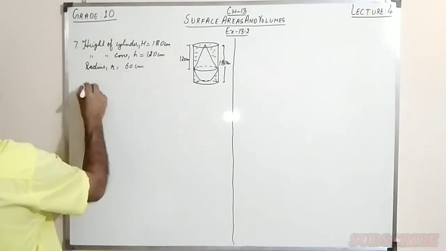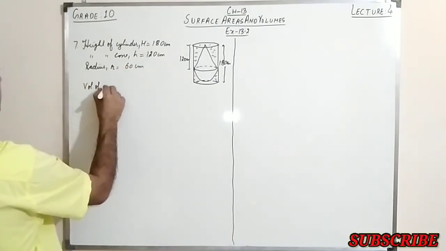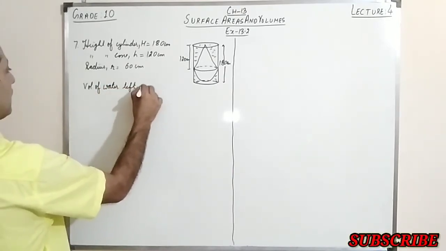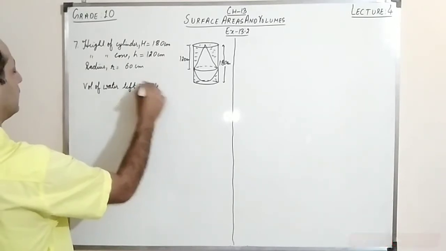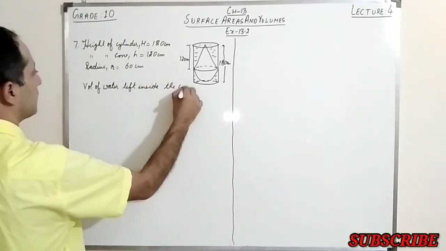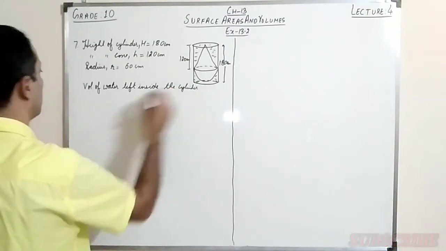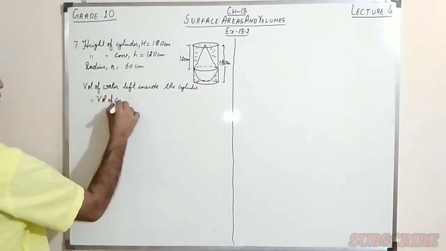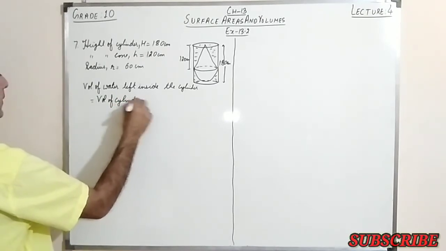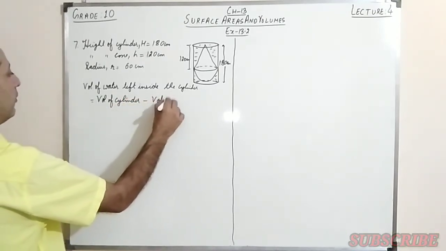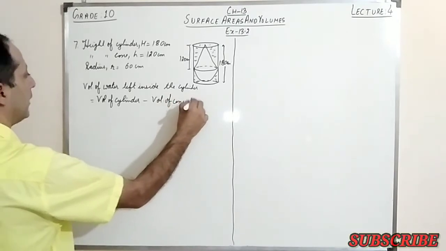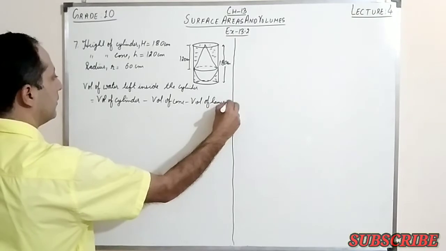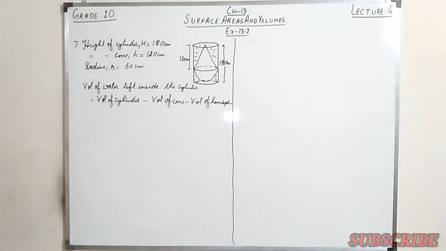Now the volume of water left inside the cylinder is equal to volume of cylinder minus volume of cone minus volume of hemisphere. So this is the way we have to do, right? So we subtract these.